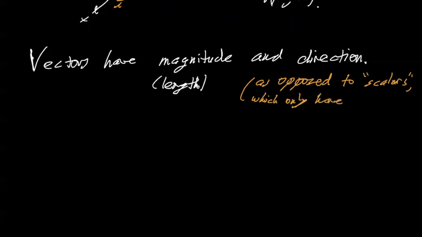It's basically just a size. So that's an important thing to consider about vectors: there are two really important properties to describe a vector, both its magnitude, which is how long it is, and the direction it points.